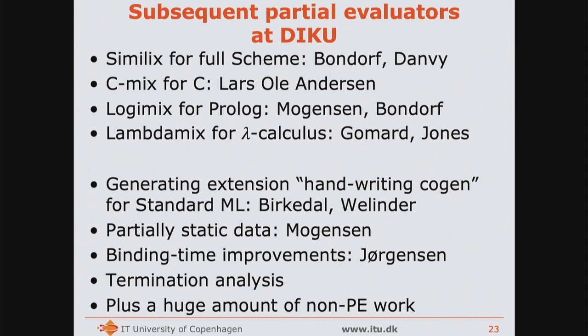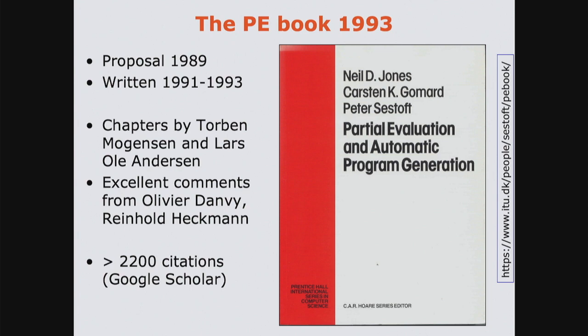I think that we were lucky that Lisp is dynamically typed, because types do get in the way here, and Lars and Morten Welinder found a great way around that in their handwritten cogen, and tons of other stuff, not PE related. And then Neil decided in '89 to collect all of this knowledge in a book.